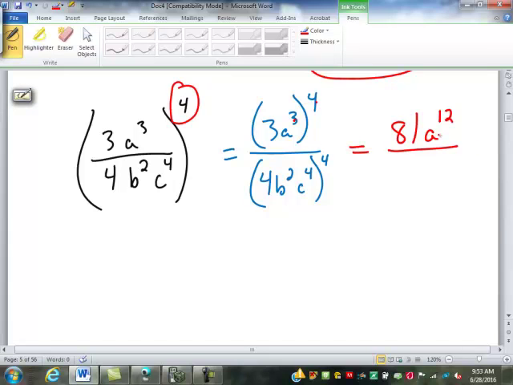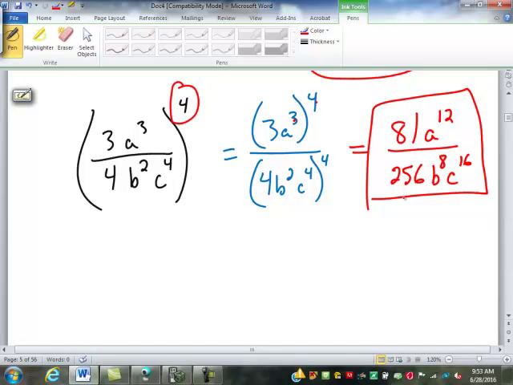Okay. On bottom, what's the number going to be? 256. 4 to the 4th is 256. B to the 8th. Good. 2 times 4 makes 8. And C to the 16th. 4 times 4 makes 16. How many of you had 81, A to the 12th, over 256, B to the 8th, C to the 16th?